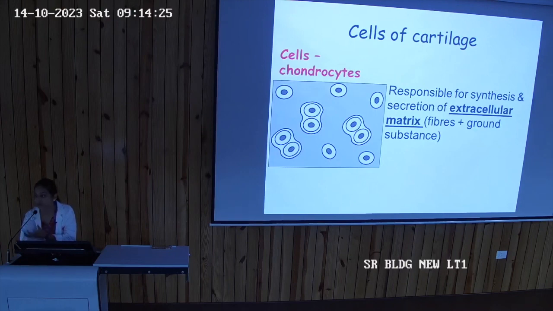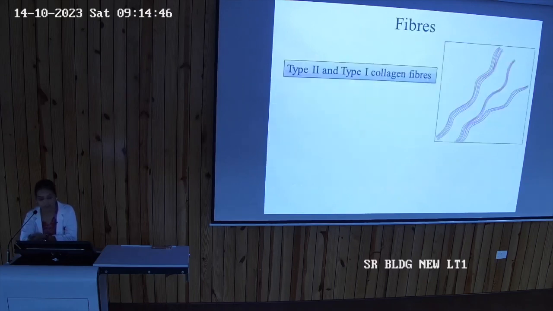What is extracellular matrix? It consists of fibers plus ground substance. Fibers are collagen fibers and elastic fibers, and ground substance consists of proteoglycans and glycoproteins. So cells are located within the matrix cavities which are known as lacunae.